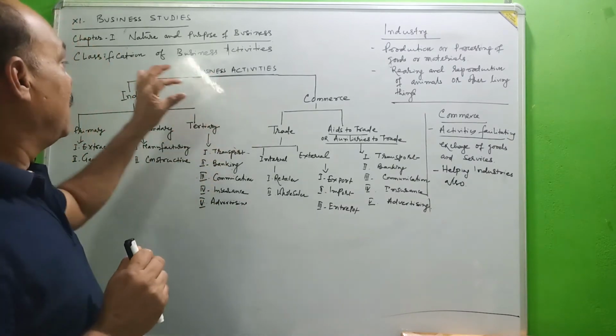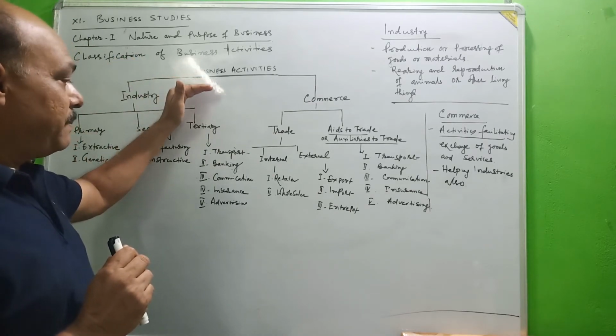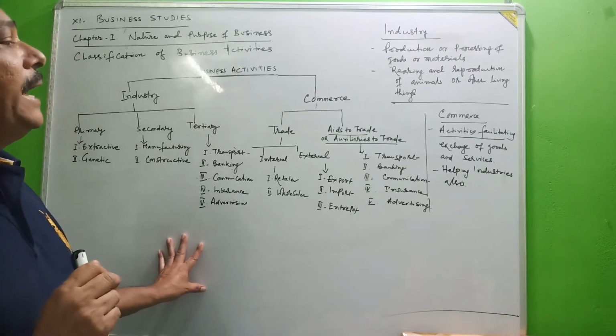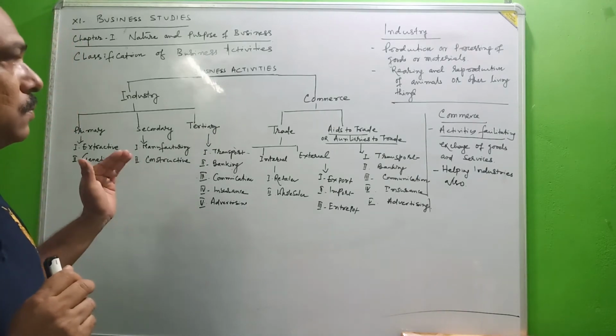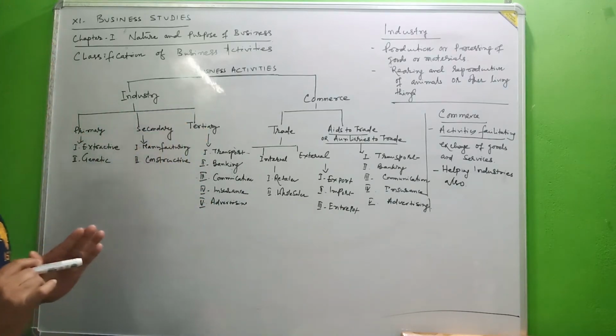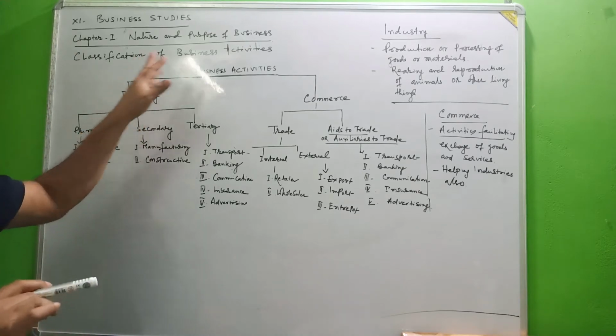Business activities have been classified in this chart you can see, and first of all we shall discuss the two categories of business activities, that is, one is industry, another is commerce.